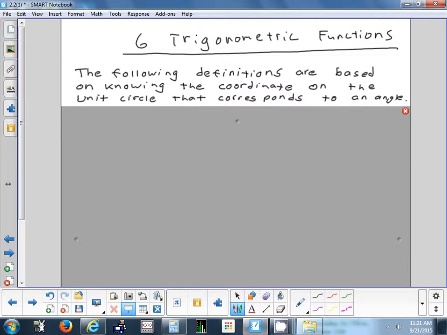All right, so once we can figure out where something is on the unit circle, once we can find its coordinate, its location, then we can use that coordinate to do some trig. There are 6 different functions that we use in trig.